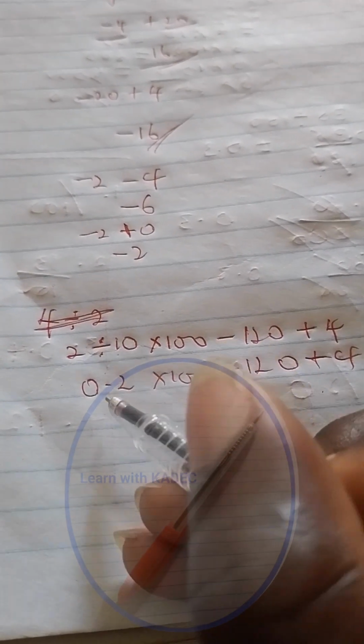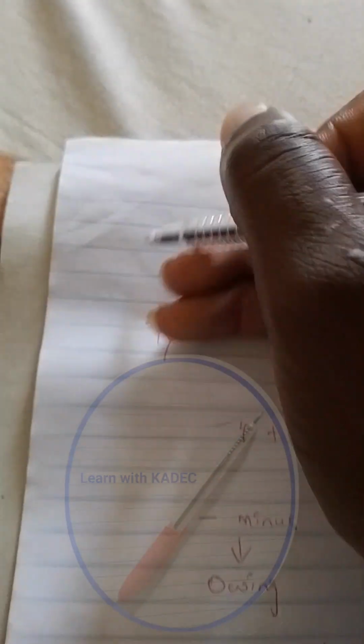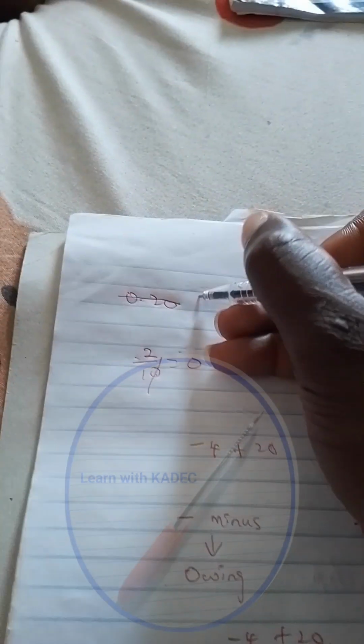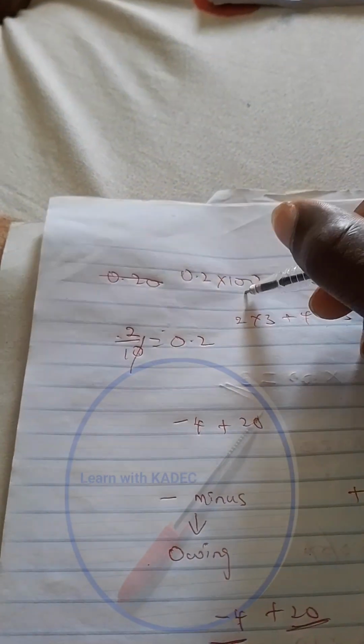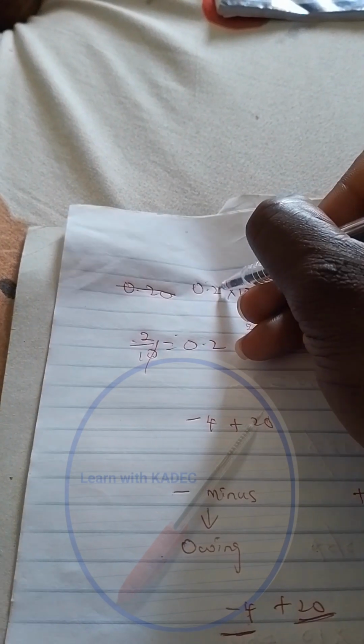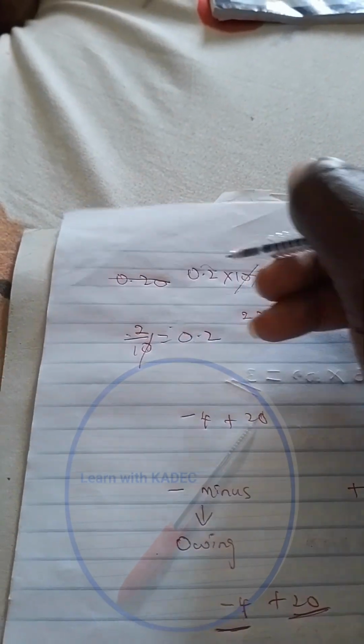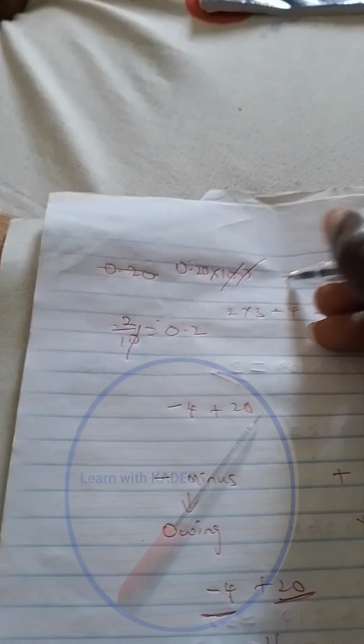So now, what we have here, 0.2 times 100. The same thing we did. I just want us to reflect. 0.2 times 100. What I told you is that you sacrifice the 0, bring this one here. You sacrifice the 0, another 0 here. So this is equals to 20. Do you understand?